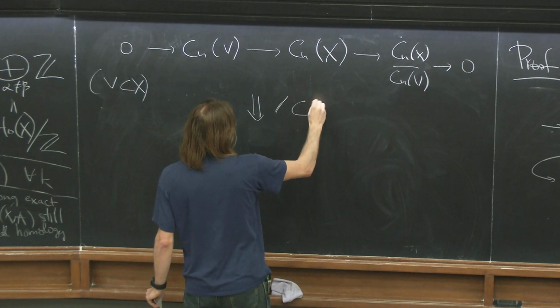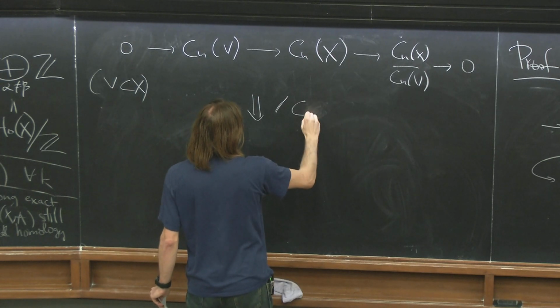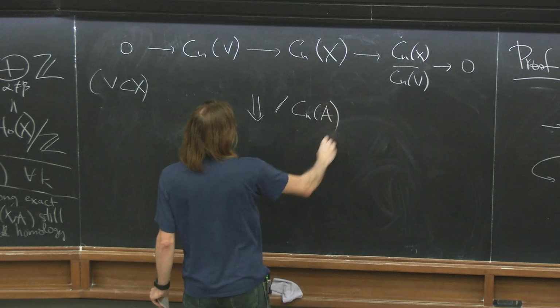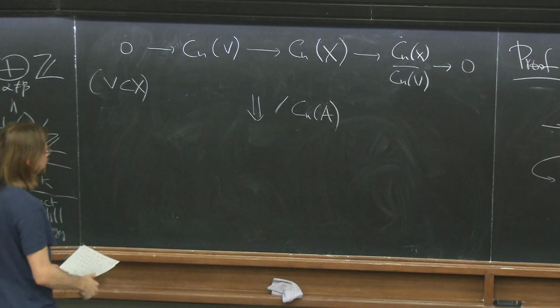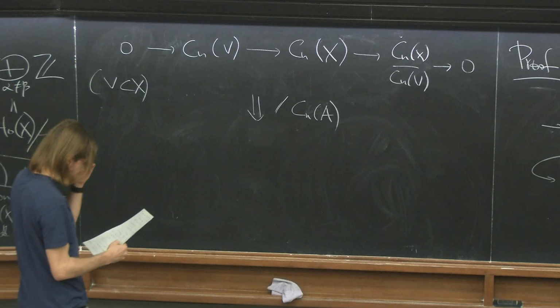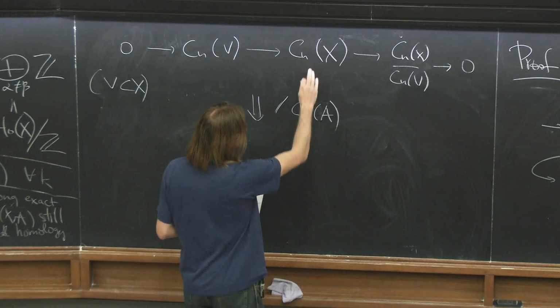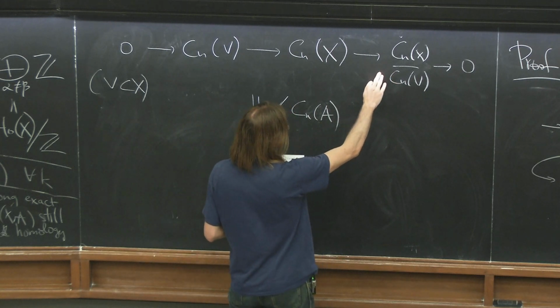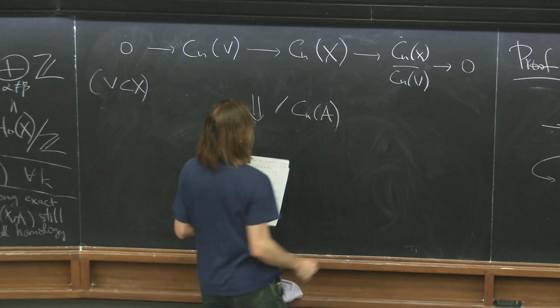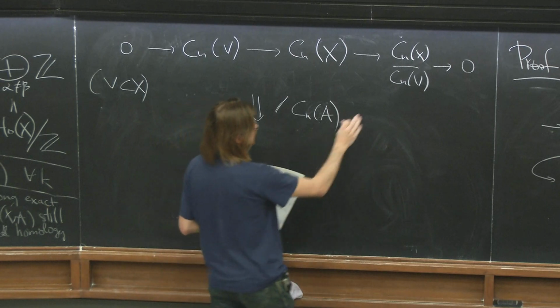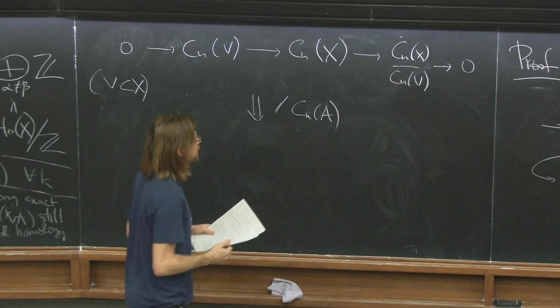the subgroup Cn of A, the singular chains in A, because this is a subspace here, this is a subspace here, and this is, of course, a well-defined subspace here, because Cn of V is contained here.